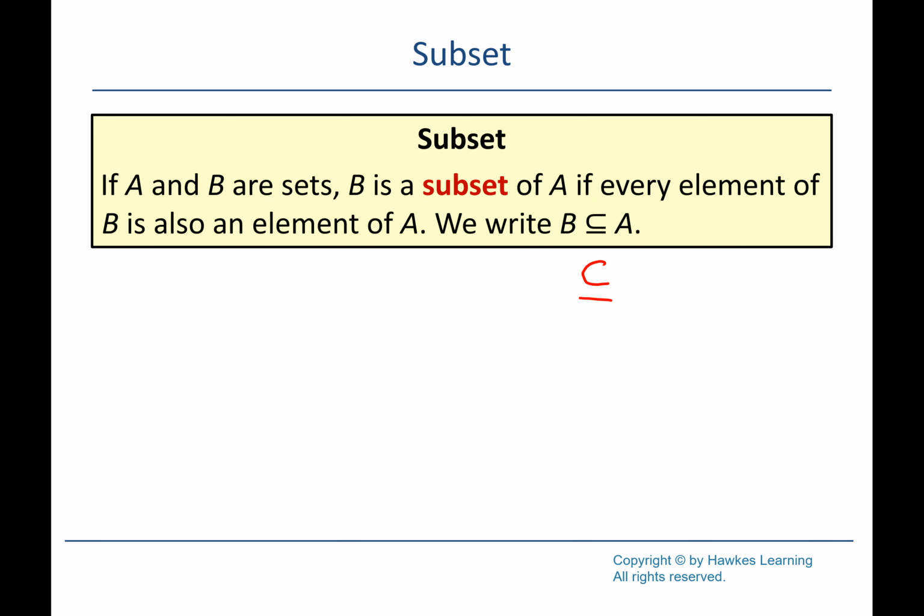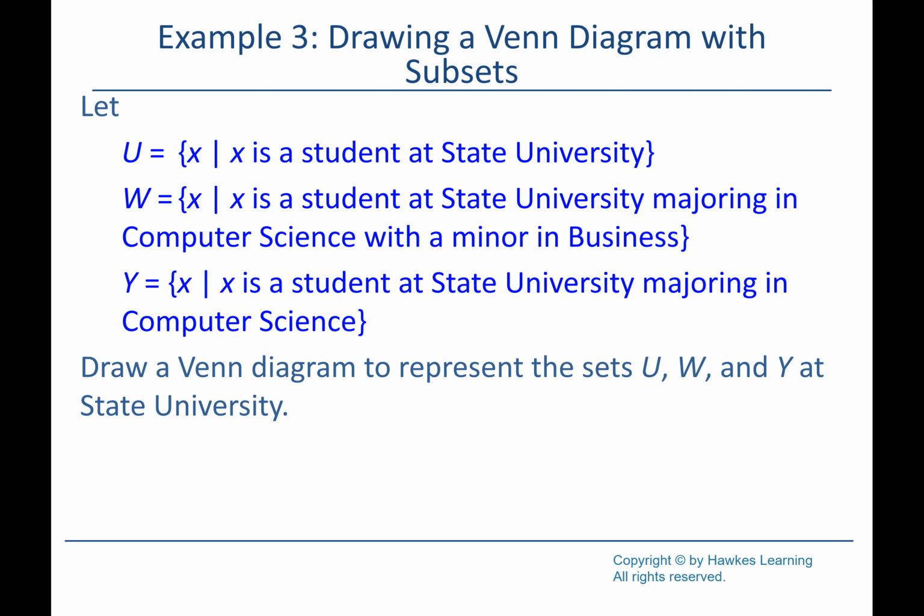So let's look at an example here. All right, so this one says our universal set is a set of all students at State University. W is a set of students at State University that are majoring in computer science with a minor in business.